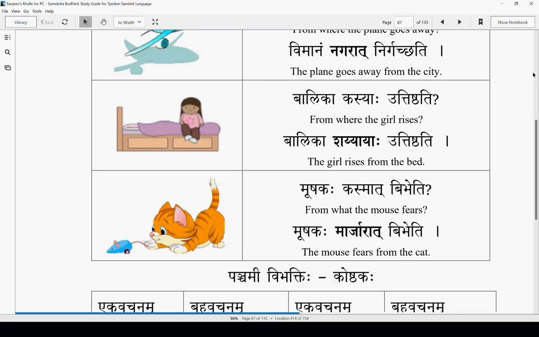So here bibheti is a kriyapada. Bibheti means fears, gets scared, gets frightened. Note that this kriyapada bibheti is fairly common in usage. It is not as simple as gacchati, namati, gayati. This is slightly different.